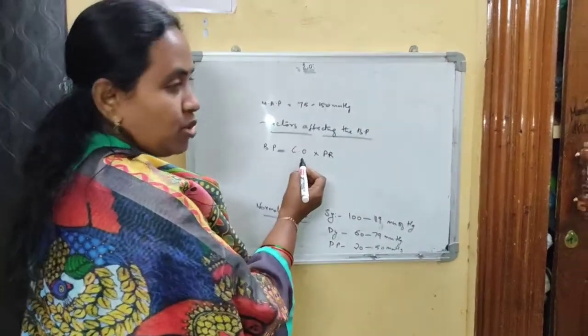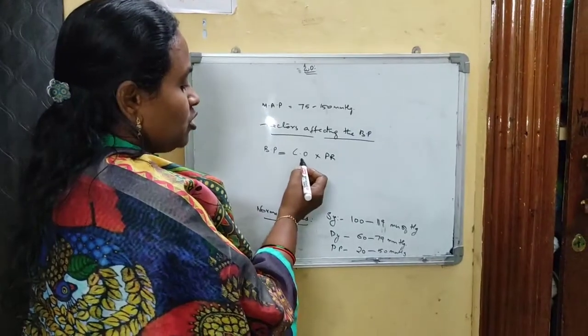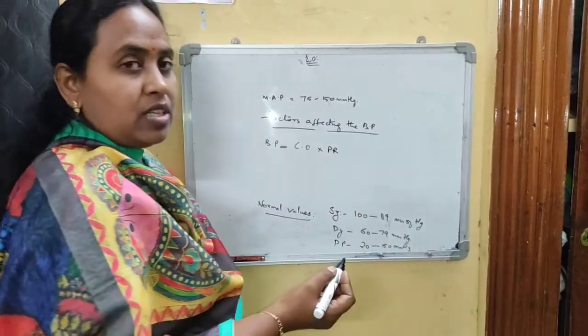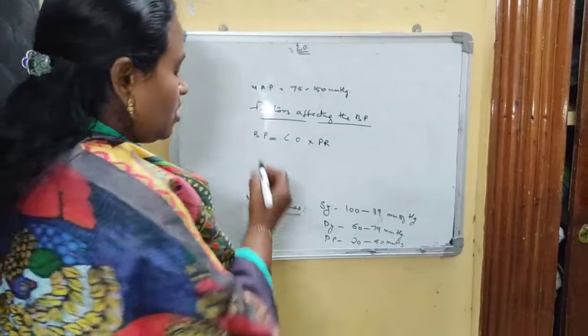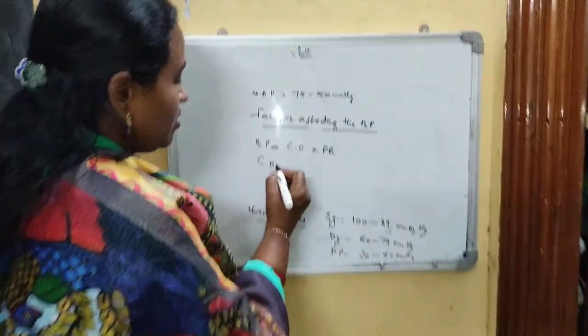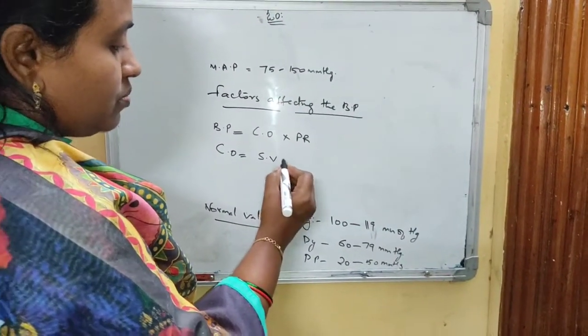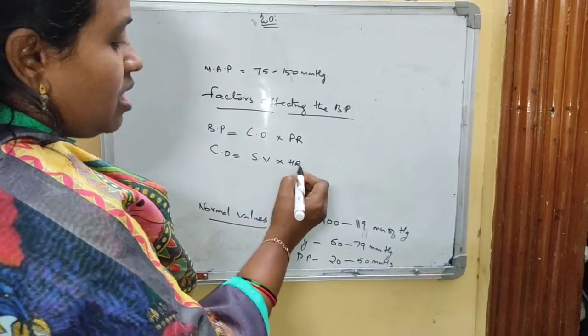So cardiac output shows the systolic blood pressure and the peripheral resistance shows the diastolic blood pressure. Now this cardiac output depends on the stroke volume and the heart rate.